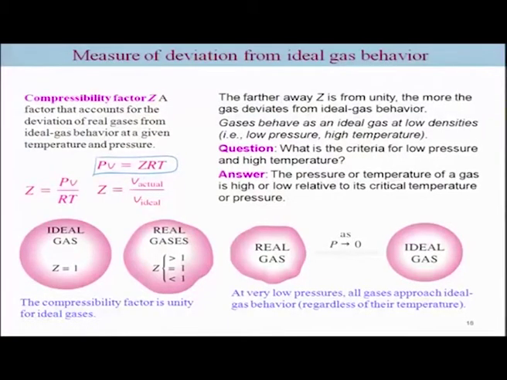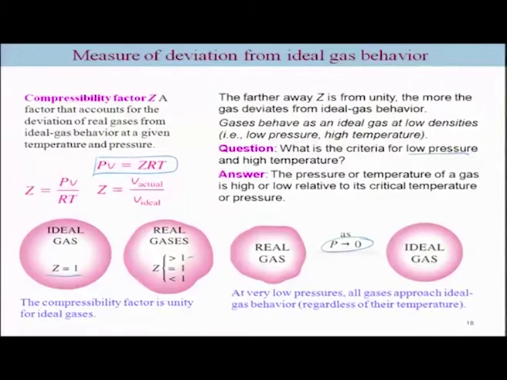So, Z basically represents deviation from ideality. For an ideal gas, Z is equal to 1. For a real gas, it could be less than 1 or greater than 1. If you decrease the pressure to 0, where the particles are far apart, it will start behaving like an ideal gas. What is the definition in general for low pressure?